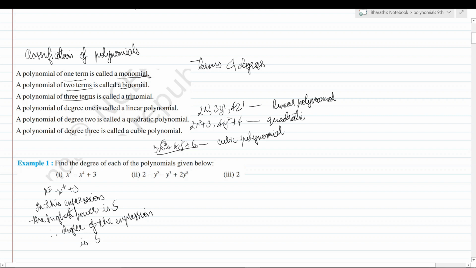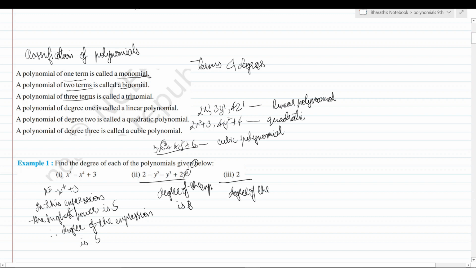And the same way, here the highest power is 8. So the degree of the expression is 8.